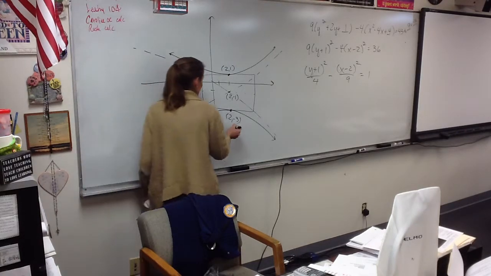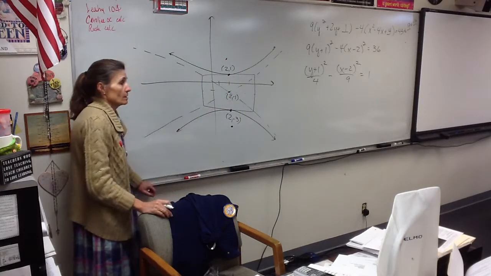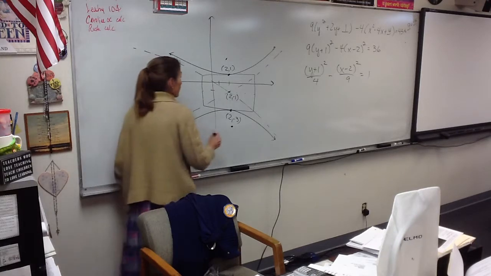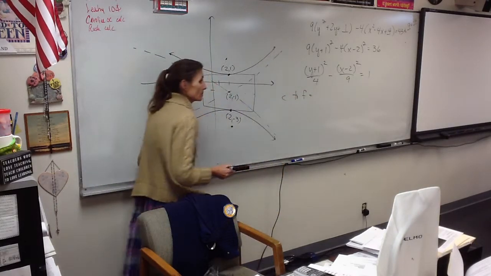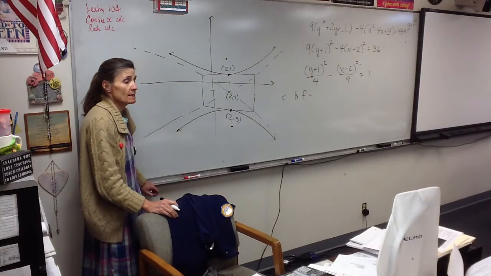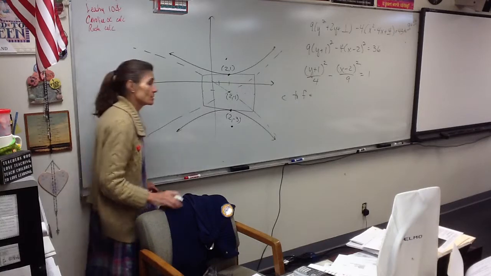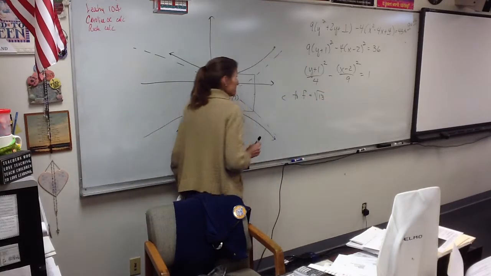Here are my foci. And I could label them if I knew how far it was from the center to the focus. How far is it in this hyperbola from the center to the focus? Square root of 13. How did we get 13?